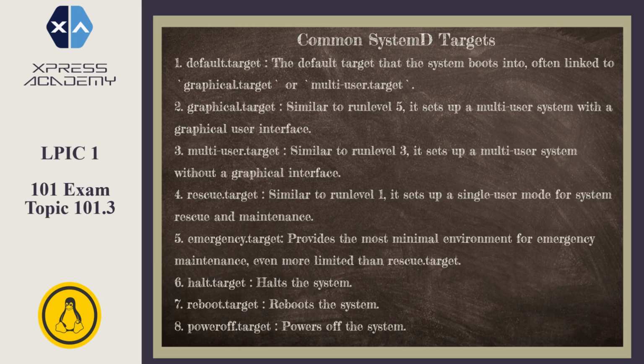Multi-user target: similar to run level 3, it sets up the system without a graphical interface, but it still allows multiple users. Rescue target: comparable to run level 1, starting the system in single user mode for rescue and maintenance.